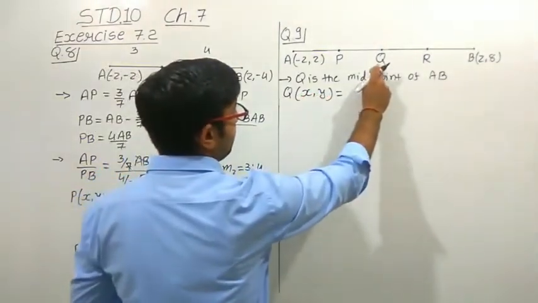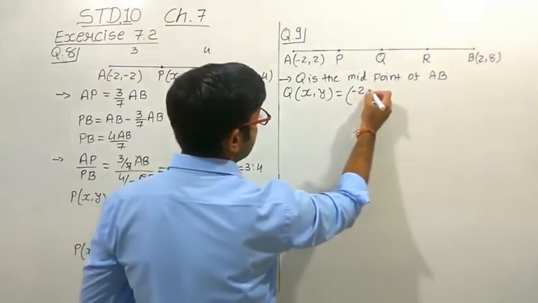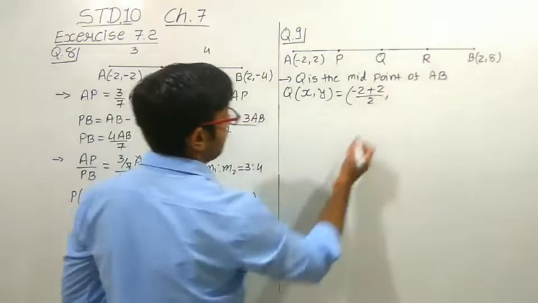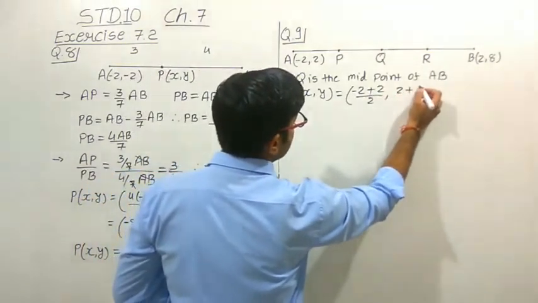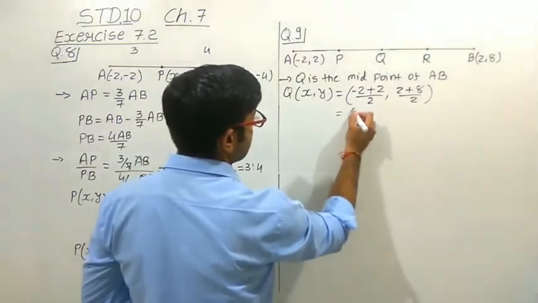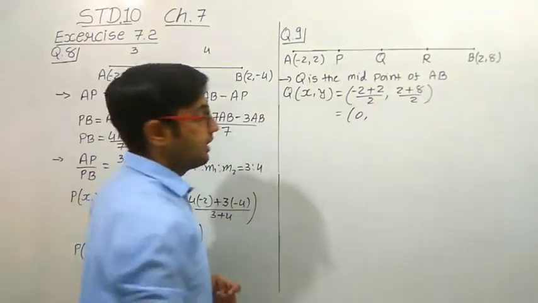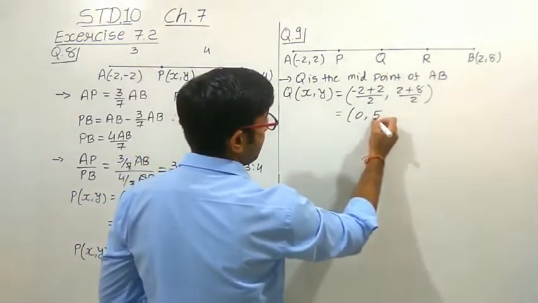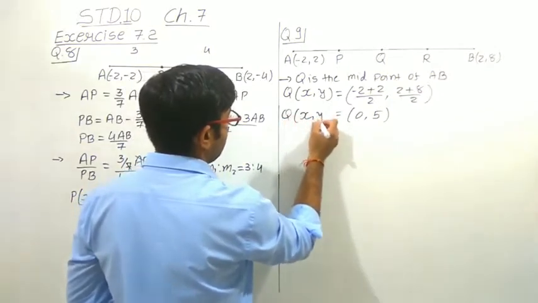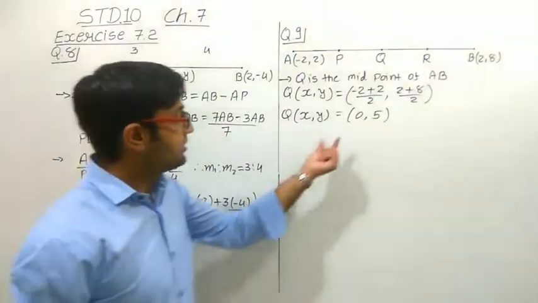So we can find Q by adding x1 and x2, that is minus 2 plus 2 upon 2, and y1 and y2, that is 2 plus 8 upon 2. So here we get 2 minus 2 is 0, and 8 plus 2 is 10, and 10 by 2 is 5.